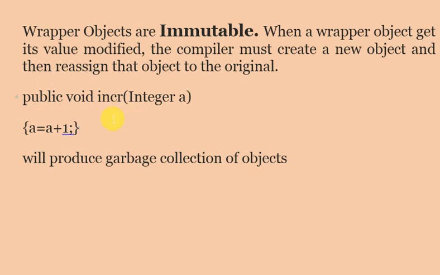So if we don't want lots of garbage collection of objects, what we can do is simply pass the parameter as int a. So now it's a primitive data type which is assigned to this method, and now when it gets its increment, a new object will not be created every time, and it will not produce garbage for collection.